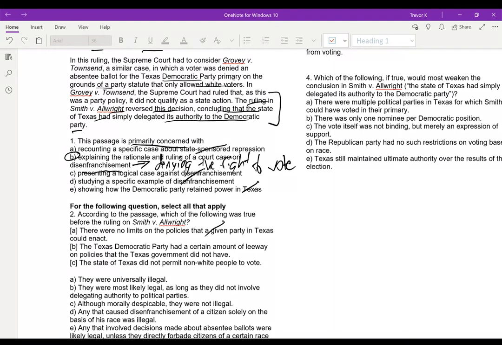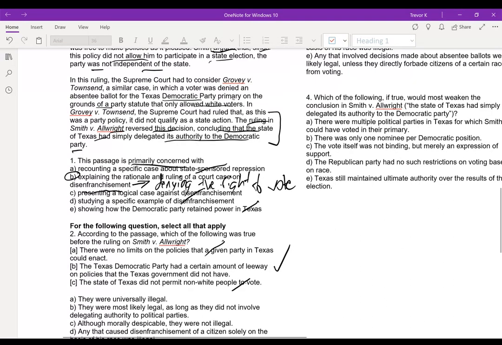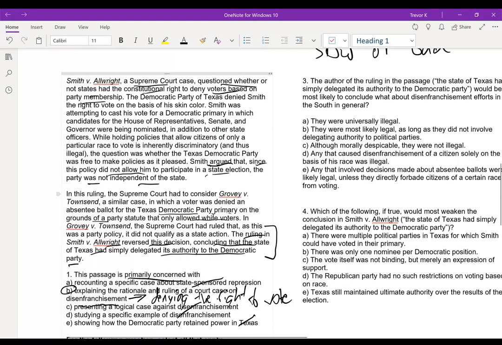Yeah, because that was actually the point of the ruling, right? That's the point of them delegating their authority to the Democratic Party: the Democratic Party did something that the state of Texas could not. So, the state of Texas did not permit non-white people to vote. That doesn't seem true. It seemed to be the Texas Democratic Party that didn't. So if I want confirmation of this, I have to go up to where we talk about what the Texas state can do.